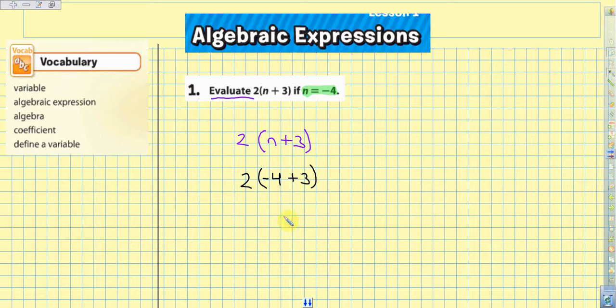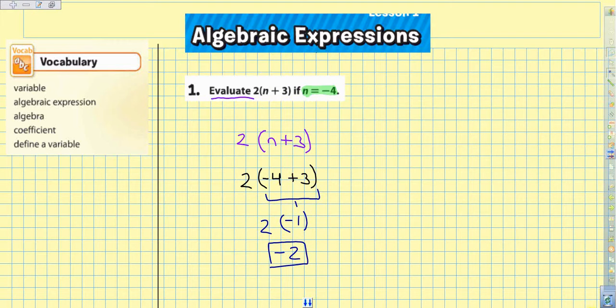So first you do the parentheses, and you're going to have negative 4 plus 3, which gives us negative 1. You're still going to have parentheses, but they're going to mean multiplication. And then we just figure out, well, what is 2 times negative 1? It is negative 2. And what I just did there was evaluate this algebraic expression by placing the value of n in to get negative 2.